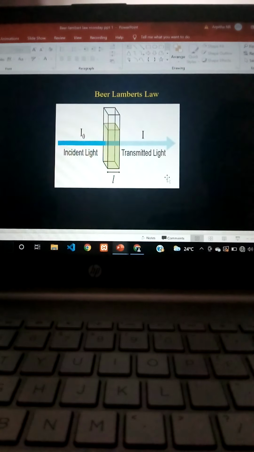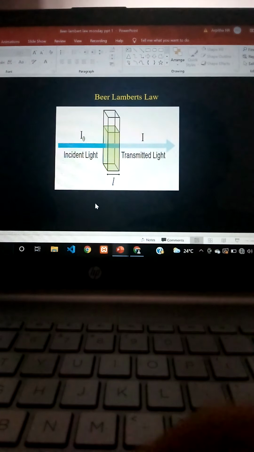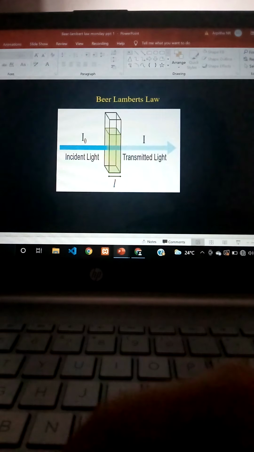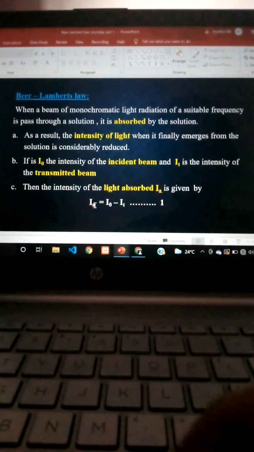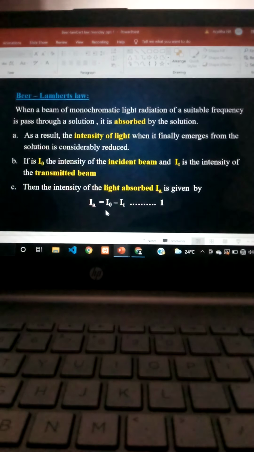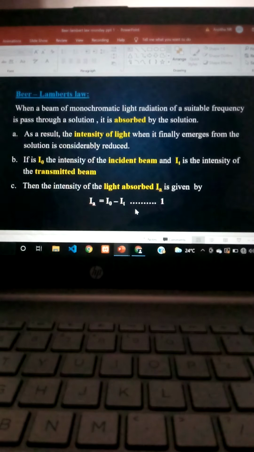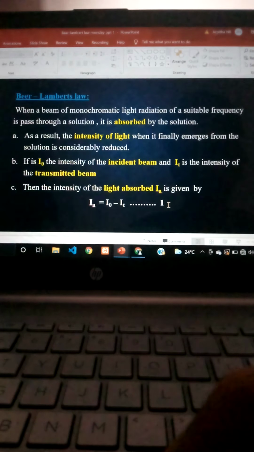Here I0 represents the intensity of the incident light and IT represents the intensity of the light transmitted. So IA is equal to I0 minus IT. This is equation 1.